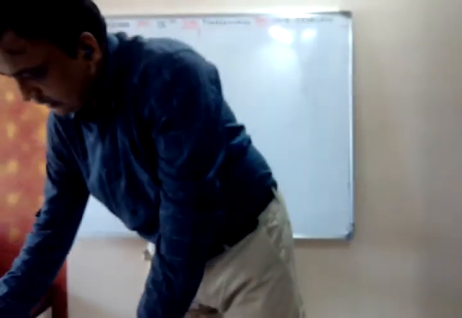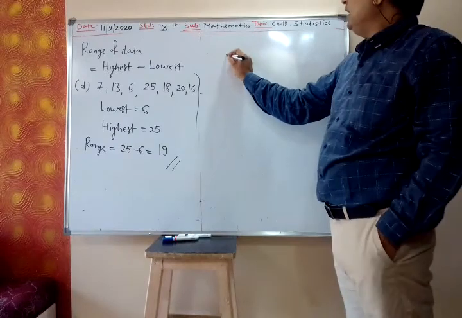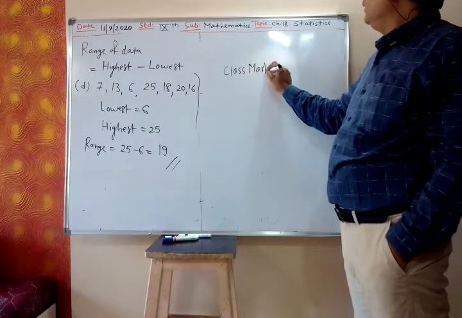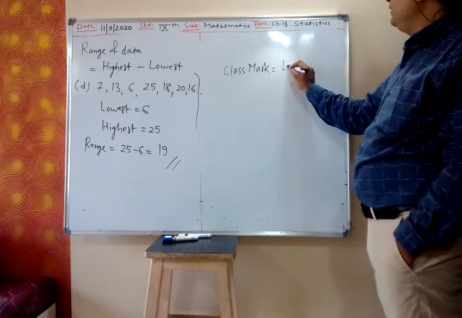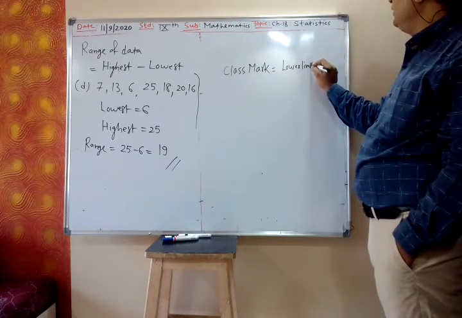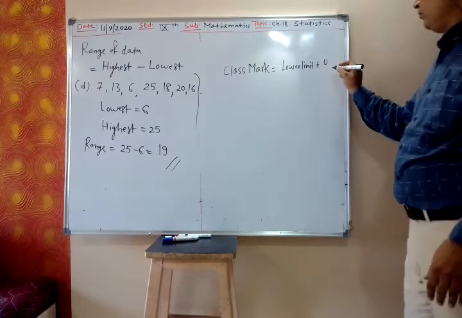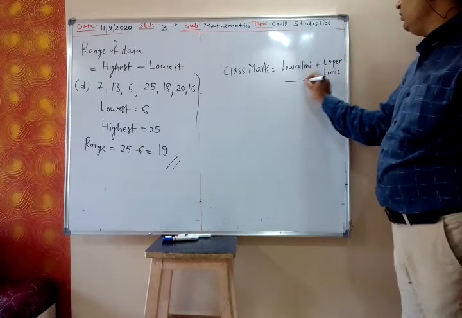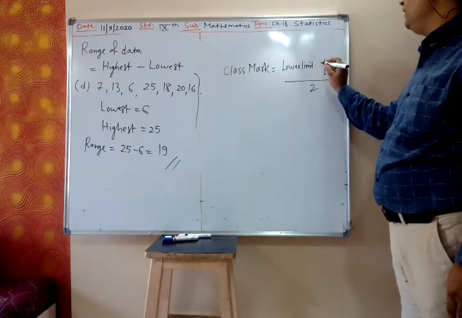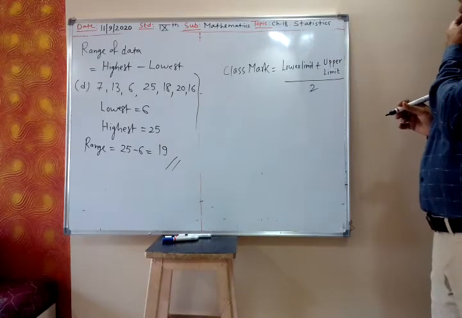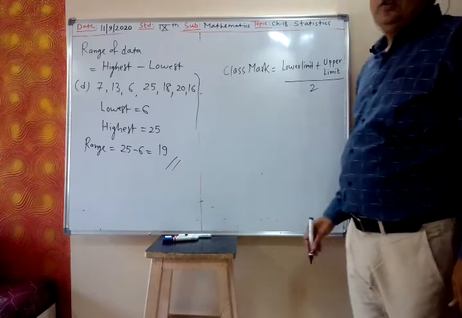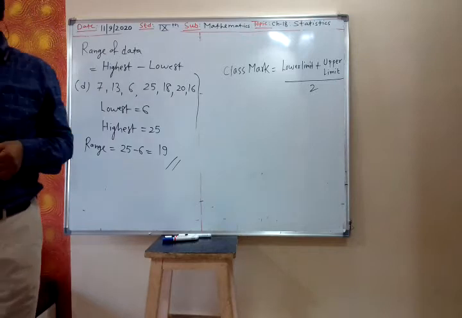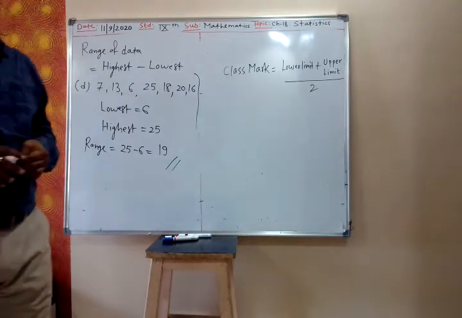Class mark is lower limit plus upper limit divided by 2. Write it down in the notebook. This is not the question, but to solve this problem we have to use this formula. Add the lower limit and upper limit, divide that total by 2, and you will get the class mark.